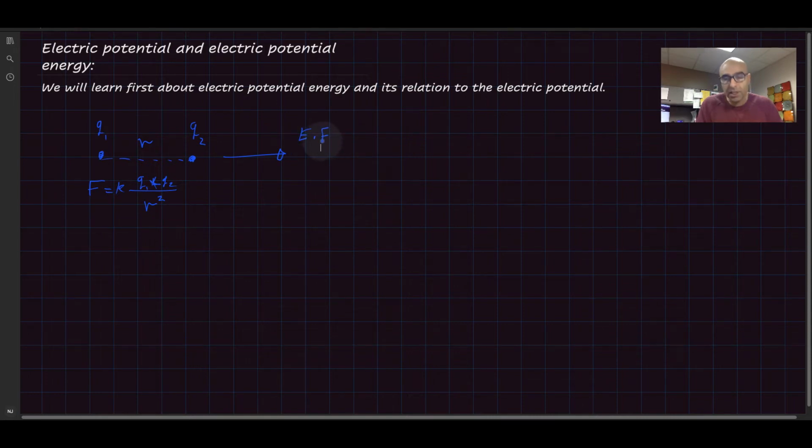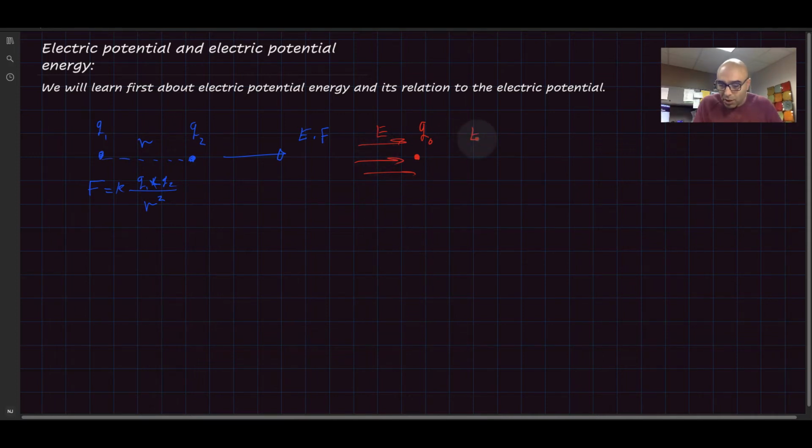Electric field basically is the force on one charge from the electric field coming from another charge or from any other sources. So if there is a positive test charge, we called it Q0, and there's an electric field on it, this charge will feel the effect of the electric field.